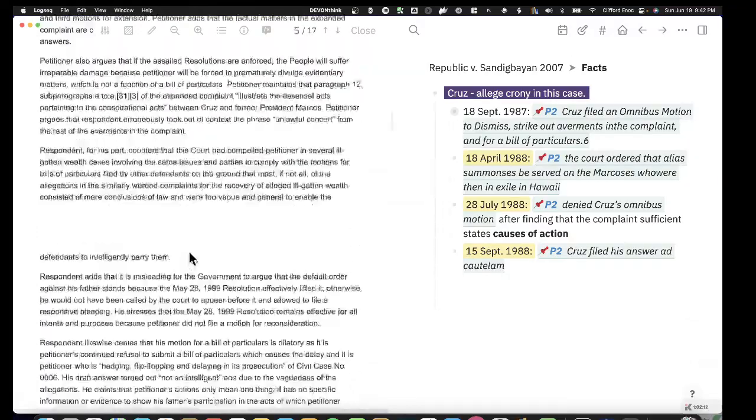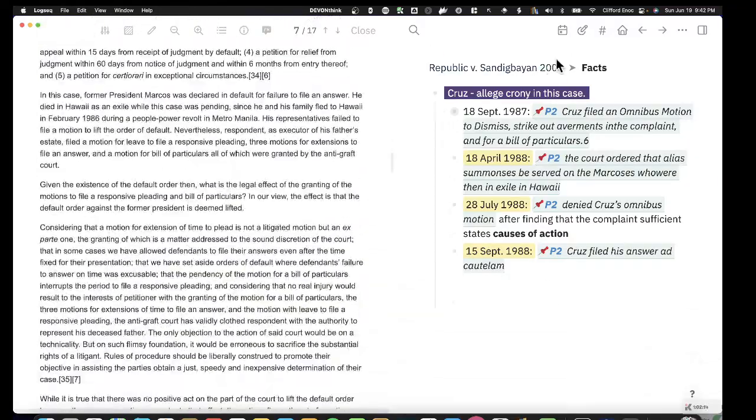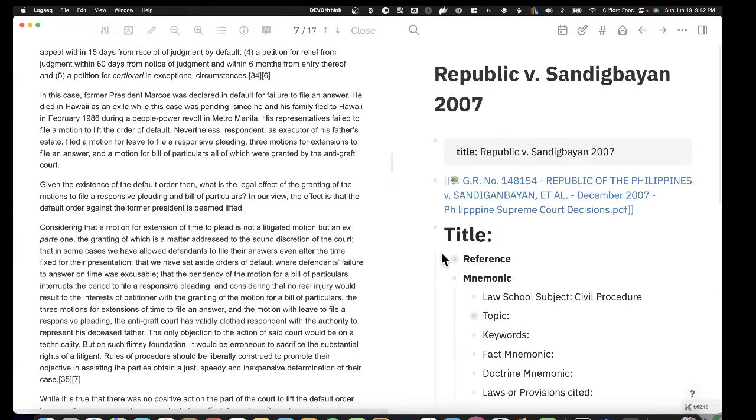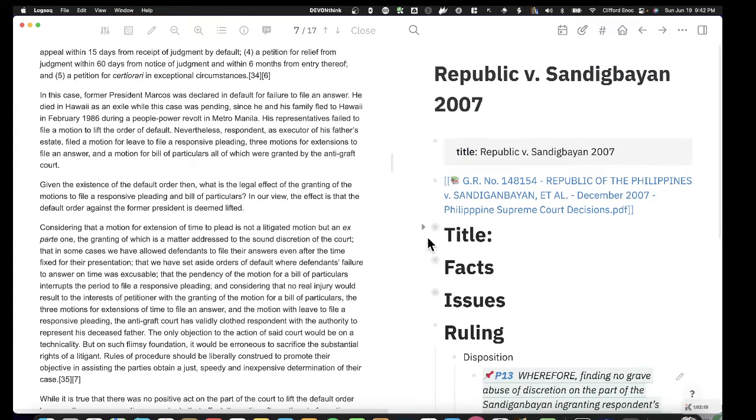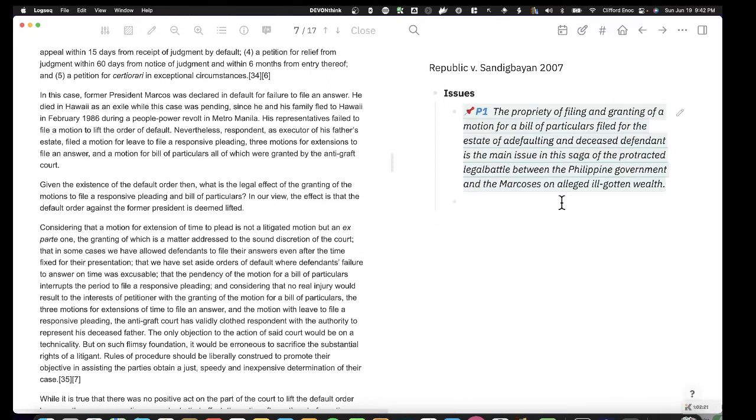So issue. Let's go to issues. Kasi nakalagay dito the propriety. And the main issue ko now is that sa protracted legal battle, the propriety of filing and granting of a motion of particulars.